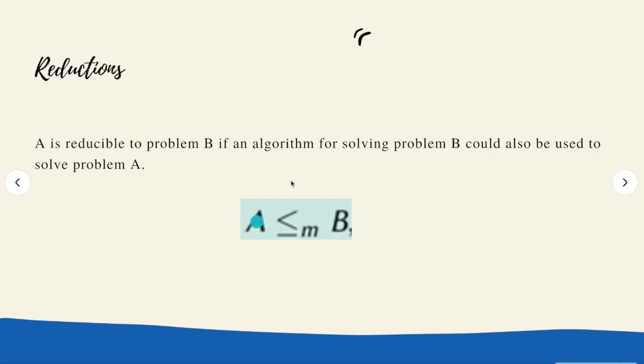If there's an algorithm to solve B, that also means we can solve A, because yes of A maps to yes of B. So if we can get an answer from B, we already have an answer for A. So that is reduction from a high level. It's a much more complicated topic, and I wouldn't be covering this in depth in this video.